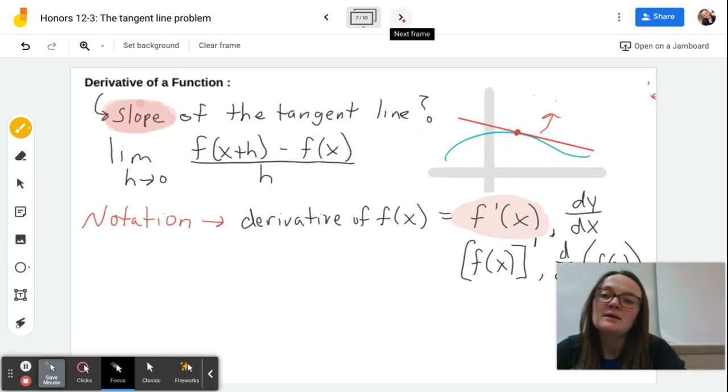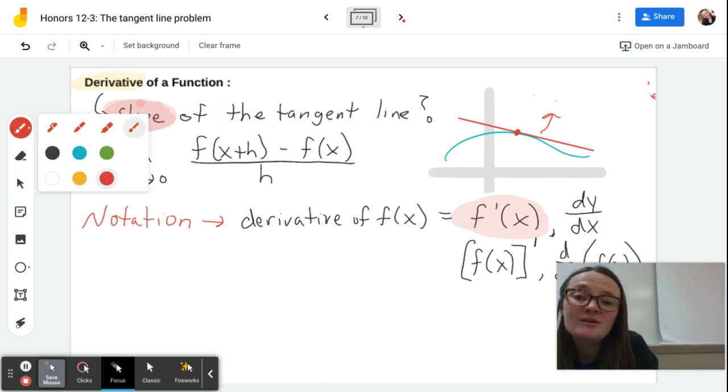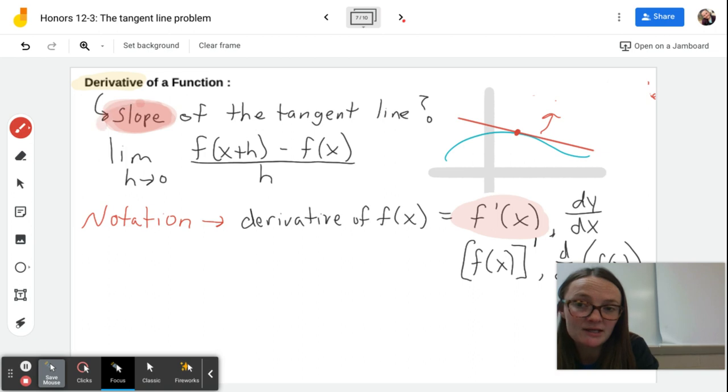The next one. You might see this word a lot when you start asking anyone about calculus. It's one of the big buzzwords in calculus, and it's the word derivative. Derivative is really just code for slope of a tangent line. The biggest thing we need to know when it comes to the definition of a derivative is the limit, but also that it is the slope of a tangent line.